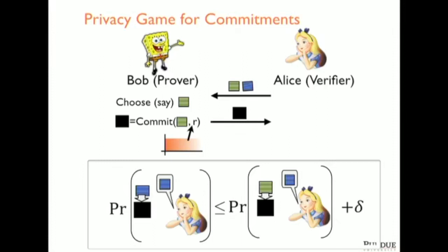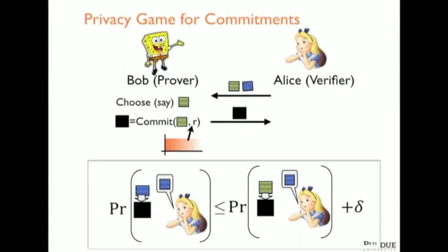And now we compare the two probabilities as with the previous case. We'll compare the probability that, let's say, the blue value is committed to. So I'm talking about the thing on the left hand side, where the blue value is committed in this black box, and the probability that the adversary is going to claim that indeed the blue value is what is committed to.